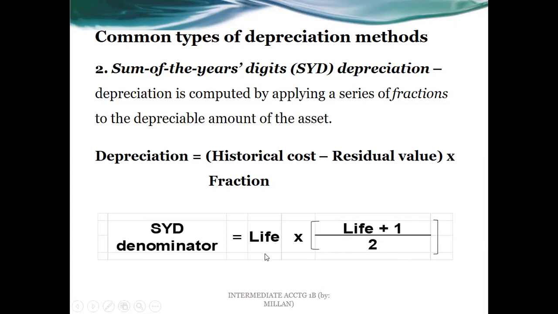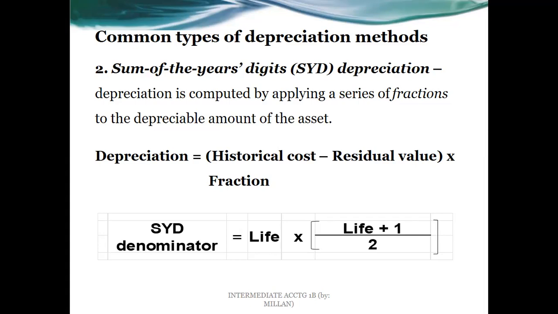Times 5 is 15, meaning our SYD denominator would be 15. So the numerator is 5, of course, and then 5 over 15 for the first year. The second year would be 4 over 15. The third year would be 3 over 15.